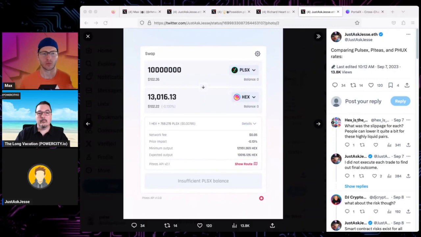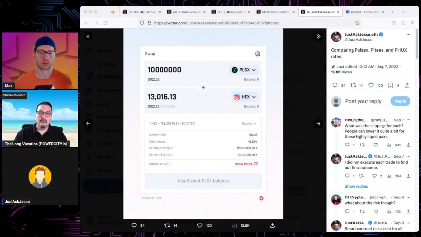But if you tried to do the same trade on PHUX, which uses a different algorithm and a different fee structure, you may pay less. This is normal. It doesn't mean to jump ship and abandon one or the other. But it is a testament to this decentralization and options and plan Bs that are all necessary for a thriving blockchain. And competition is good.